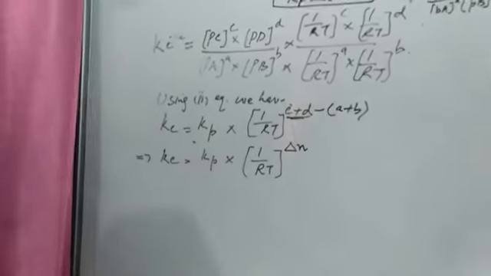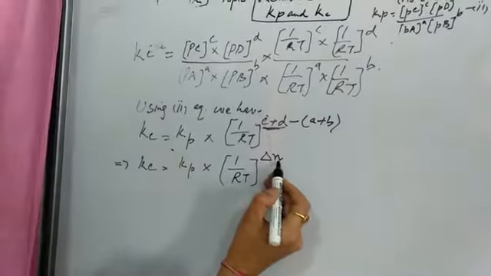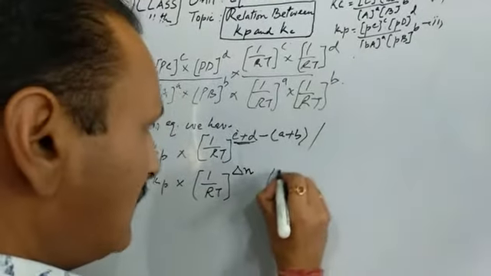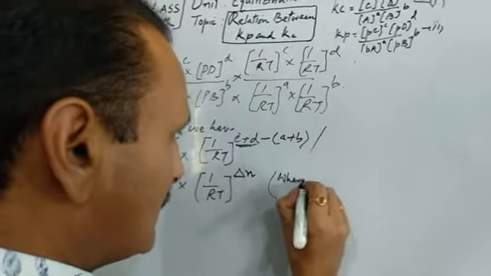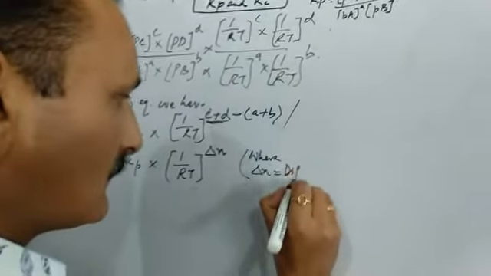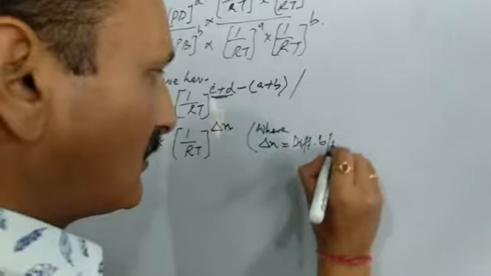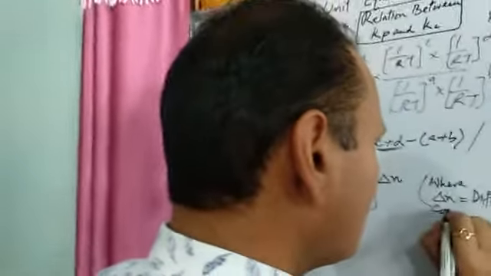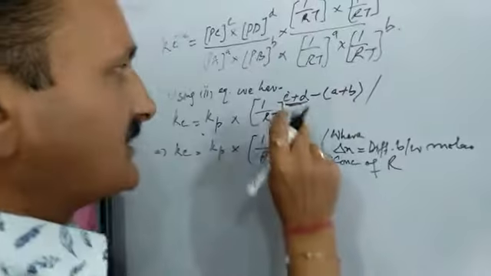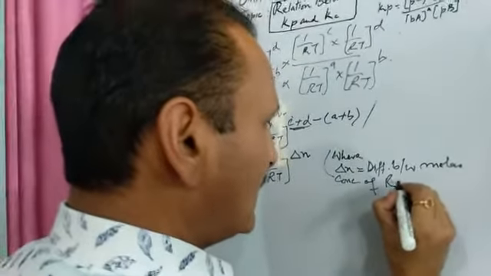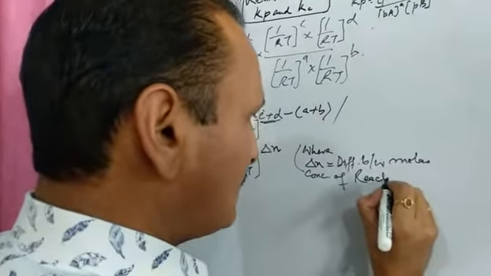So what is this delta n? Delta n is the difference between the molar concentration of reactants and products. These are products and these are reactants.